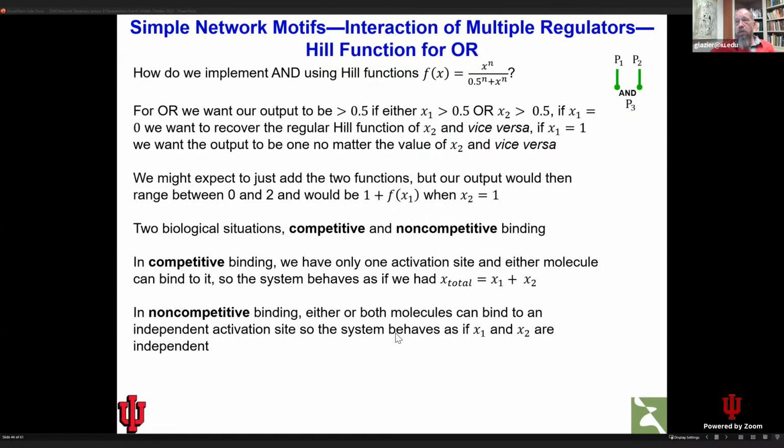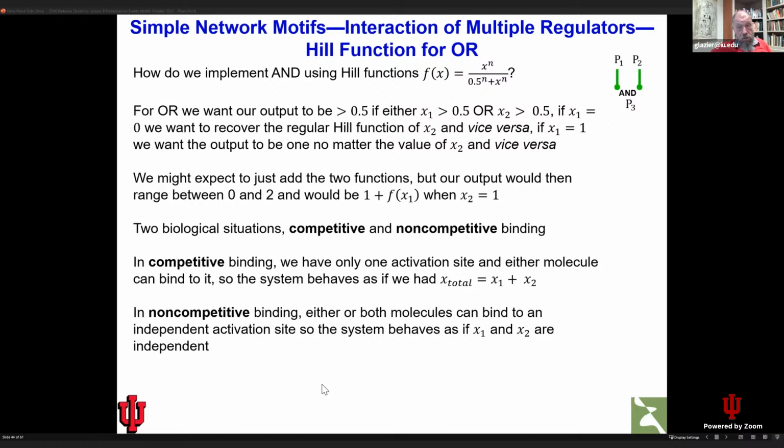For OR, it's a little bit more complicated. The problem is that OR corresponds logically to addition. But if we add two numbers between 0 and 1, we get a number that's between 0 and 2, not a number that's between 0 and 1 anymore. And so we have to think about slightly more complicated ways of combining things. And biologically, there are at least two forms.